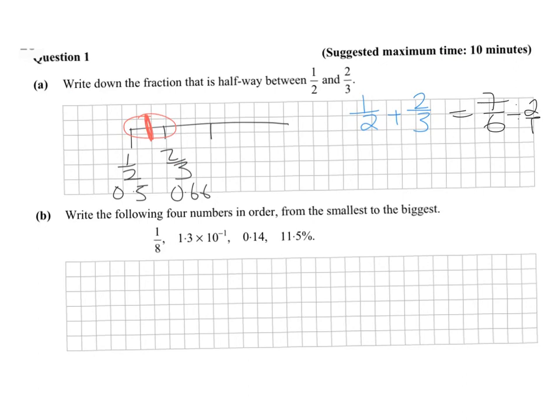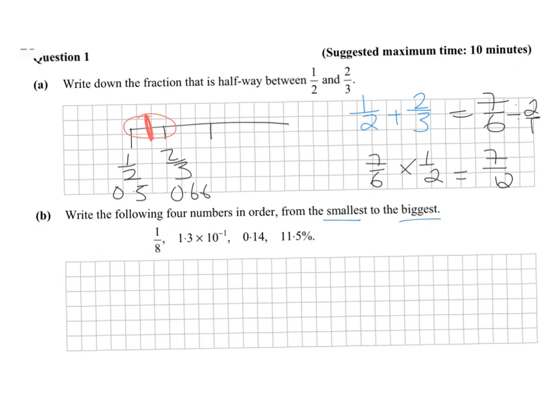You flip it upside down and you multiply. So it becomes 7/6 multiplied by 1/2, and the answer is 7/12. The reason for that is, to get something in the middle, you add the two together and divide by 2.